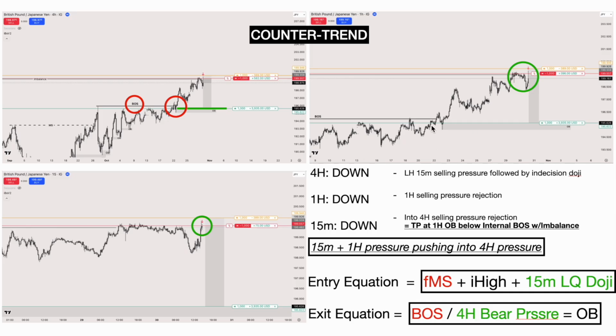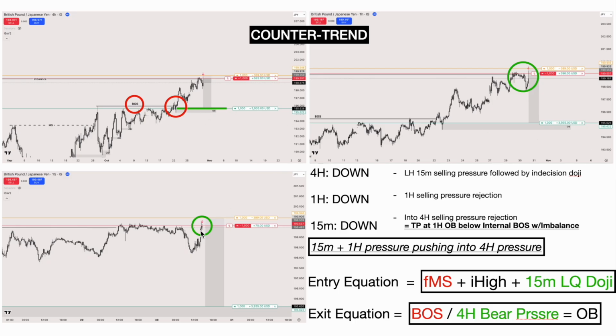And then we are aiming down for the order block, this 1 hour unmitigated order block, because we have this break of structure which hasn't mitigated this order flow going down from this break of structure. So there is bullish incentive, and we're just looking to take profit at this order block.